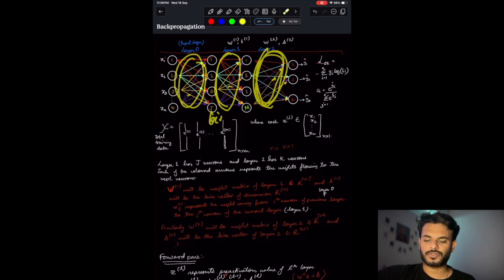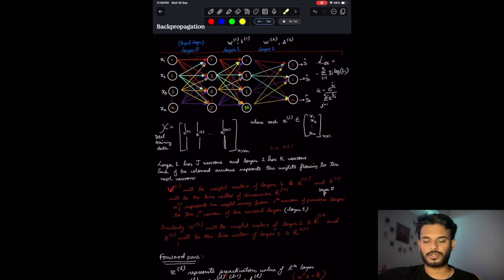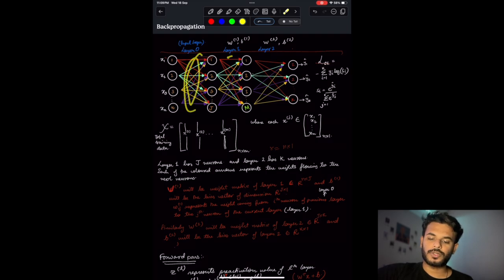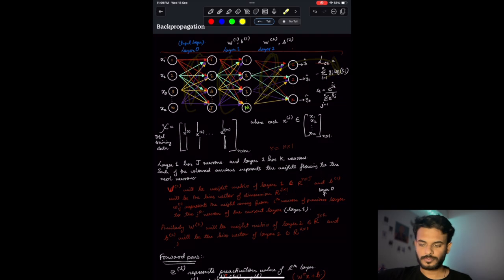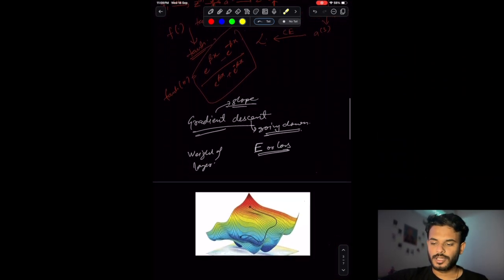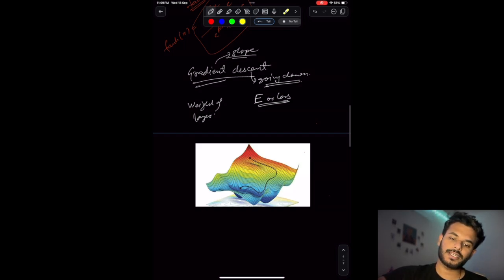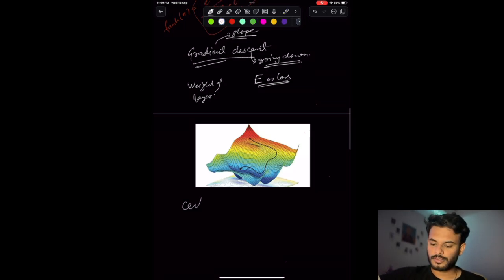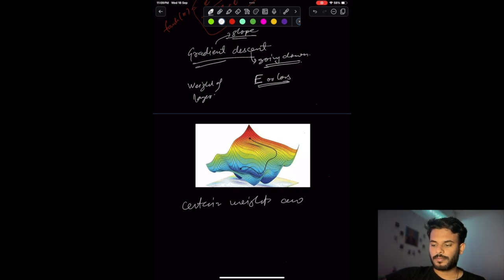I'm ignoring bias for now, but the same concept applies to bias as well. These are the only things that can be changed in order to change the loss, because loss is computed on the basis of these weights and biases. So how do we get certain weights and biases so that our loss can be minimized?